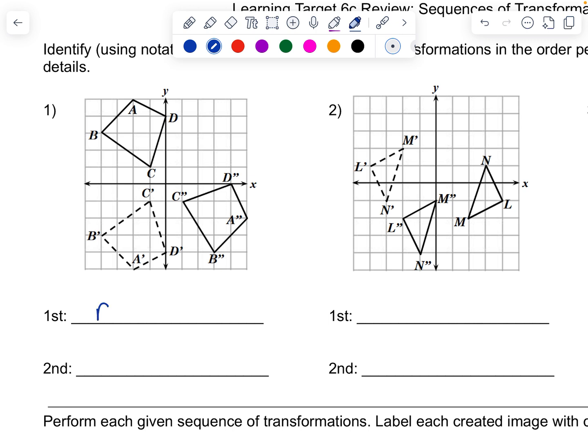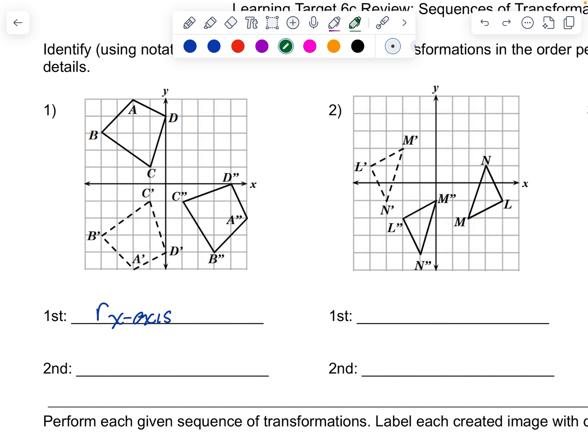So this is a reflection over the x-axis, because you can see if you draw lines, the halfway point is there. If you draw a line from B to B prime, the halfway point is there, and so on. So we know that it flipped over that line, y equals x. Sorry, not y equals x, the reflection over the x-axis.